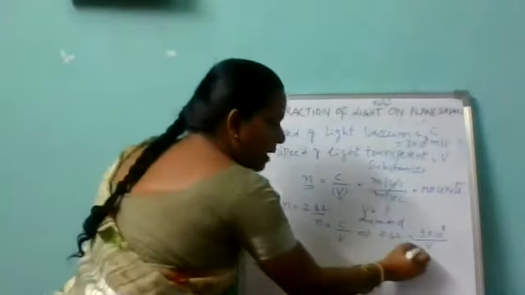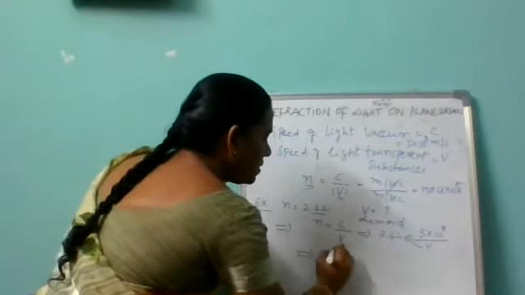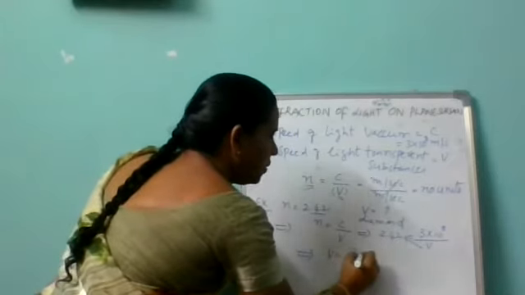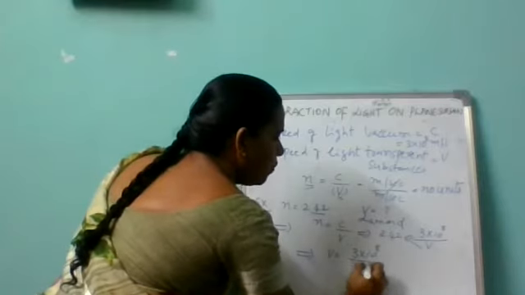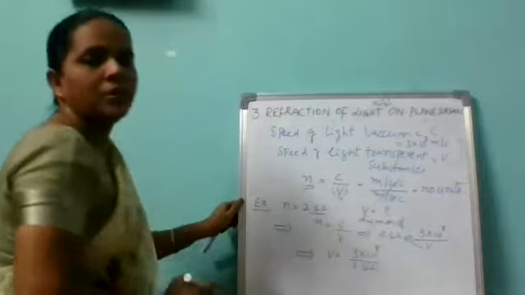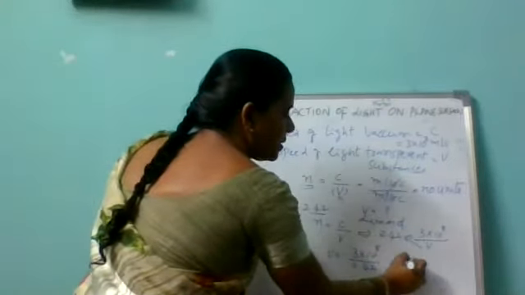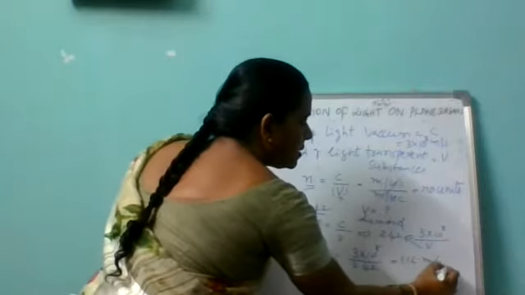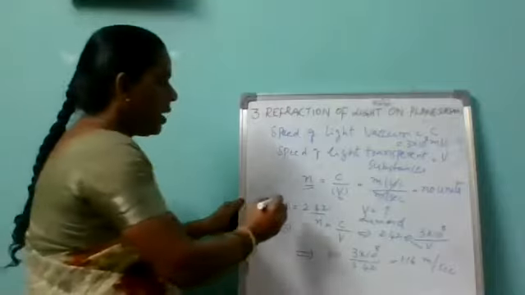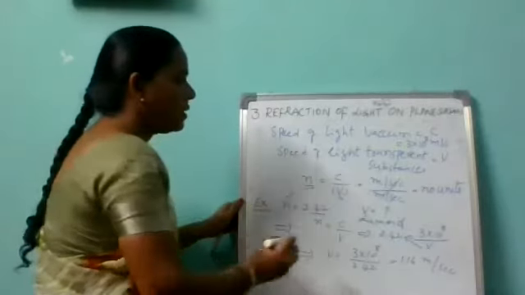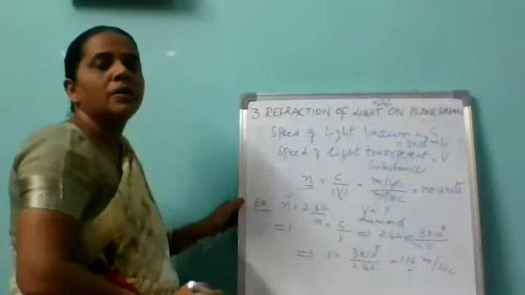So by cross multiplication, v is equal to 3 into 10 power 8 by 2.42. Its value is approximately 1.24 into 10 power 8 meter by second. So whenever you are given refractive index, you are able to find the value of speed.